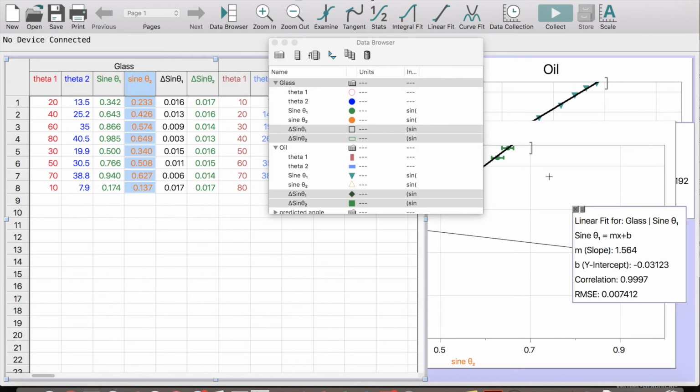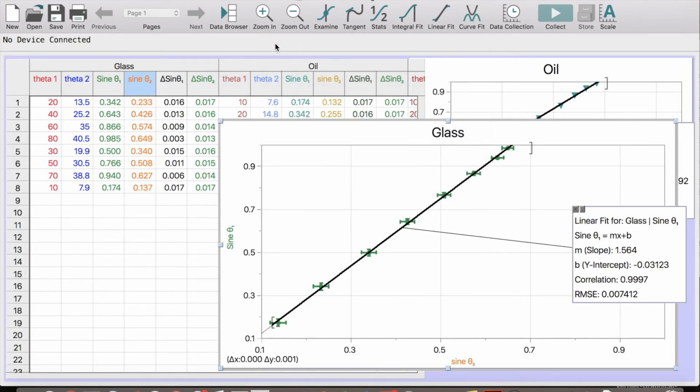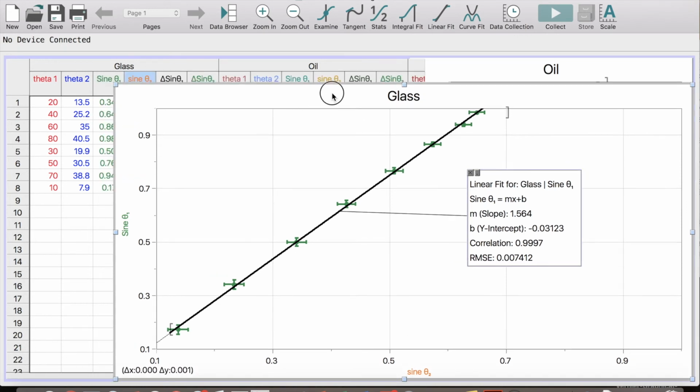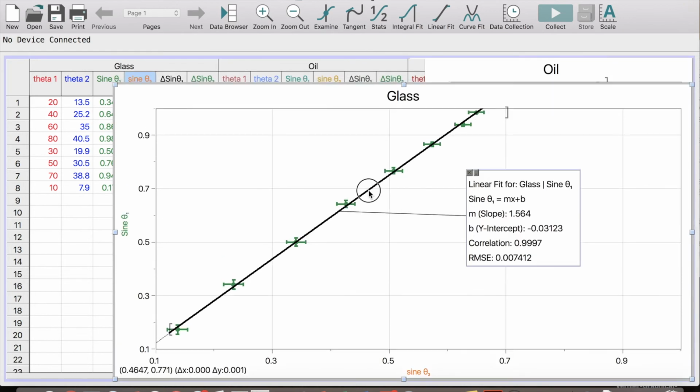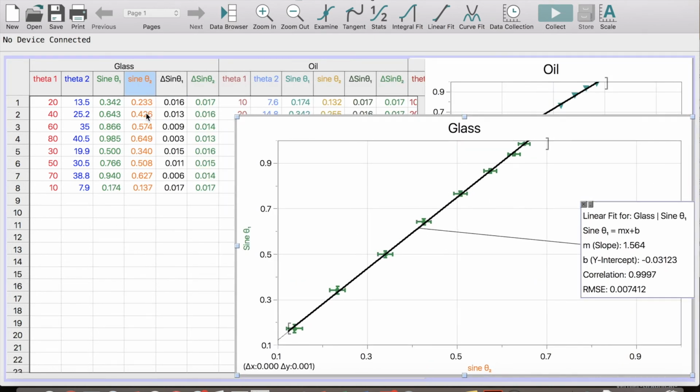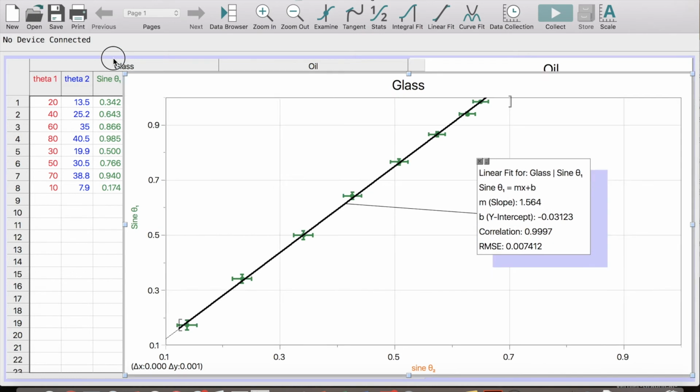And when we do all of that, we should see error bars in both the sine theta 1 direction, up and down, and the sine theta 2 direction, side to side. Since in general sine theta 2 values are smaller, the error bars are generally larger, which kind of makes sense.